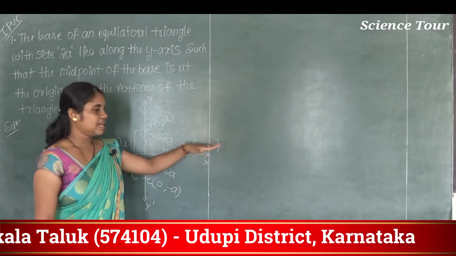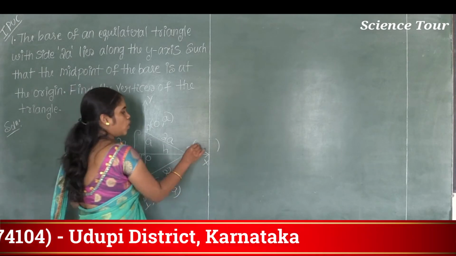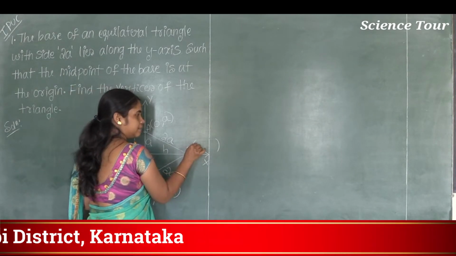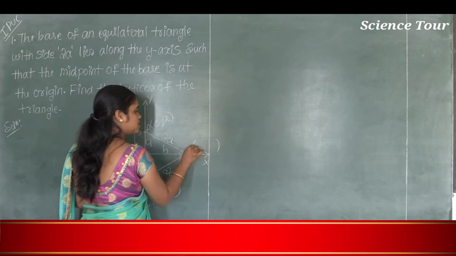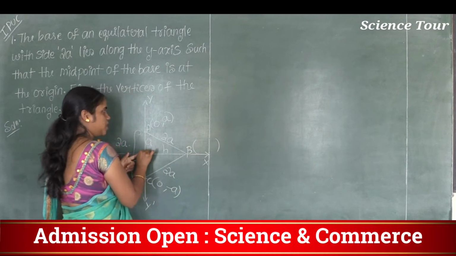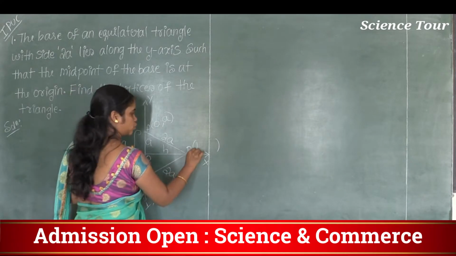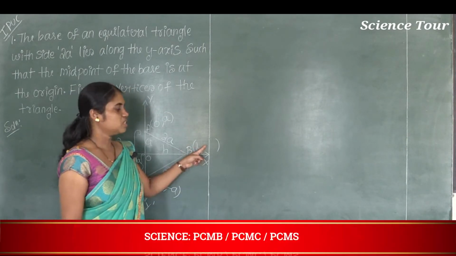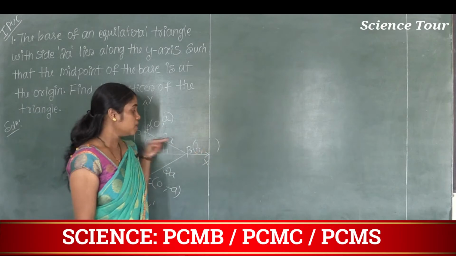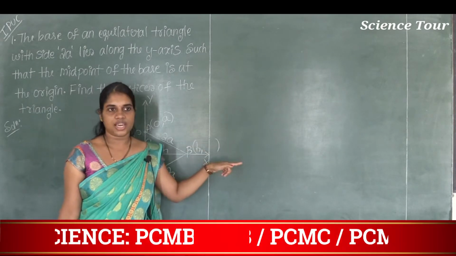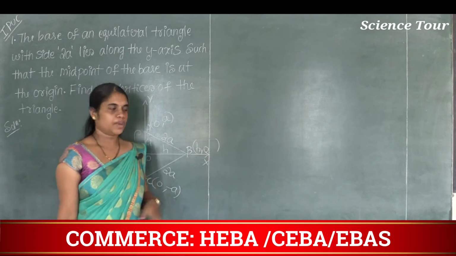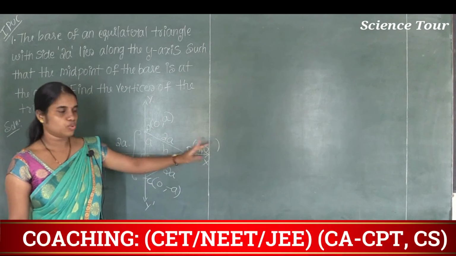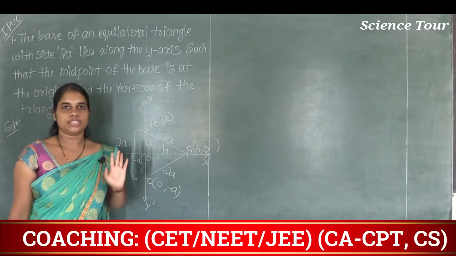Since it lies on the x-axis, what is its x coordinate? Its x coordinate is nothing but the perpendicular distance of this point B from the y-axis, that is H. Then what about its y coordinate? Always remember the point which lies on the x-axis, whose y coordinate is 0. So therefore H comma 0 is the coordinate of the point B.